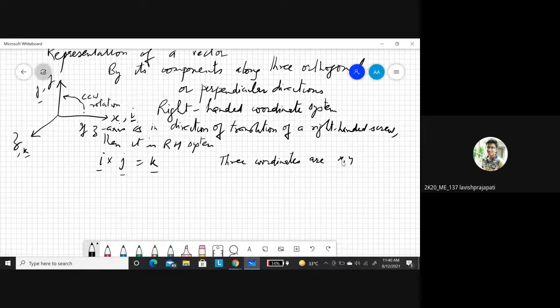So a unit vector is a vector with magnitude 1 and having direction only along the x direction, only along the y direction, and only along the z direction. So what you have to do is just change one coordinate, keep the others as zero. So your x coordinate is only increasing, y and z are not increasing.